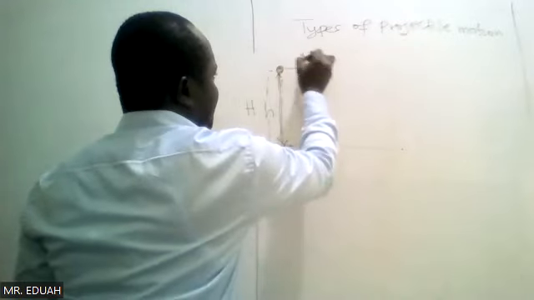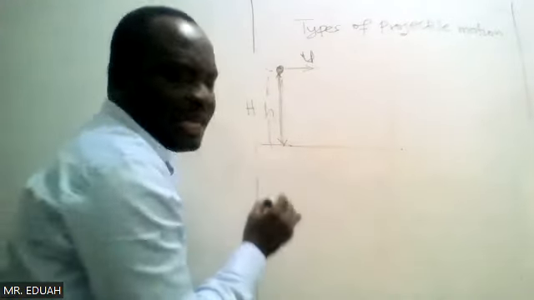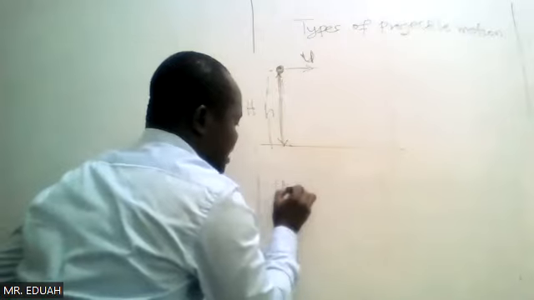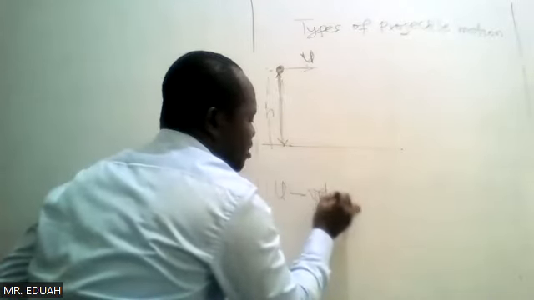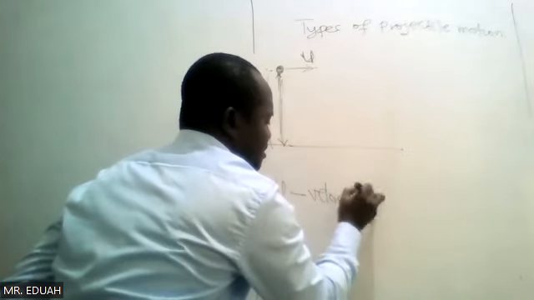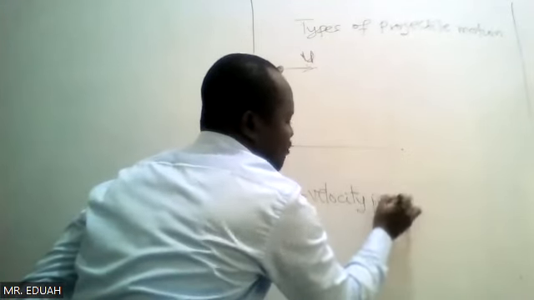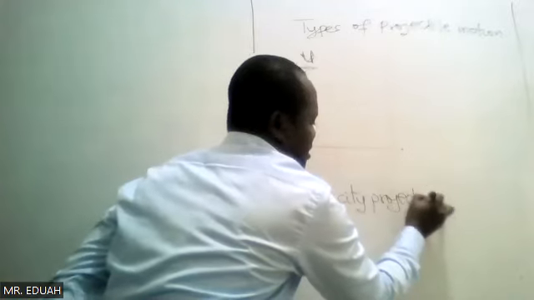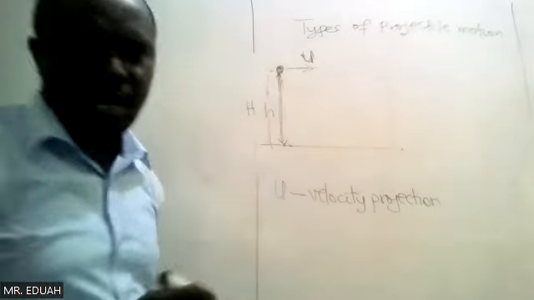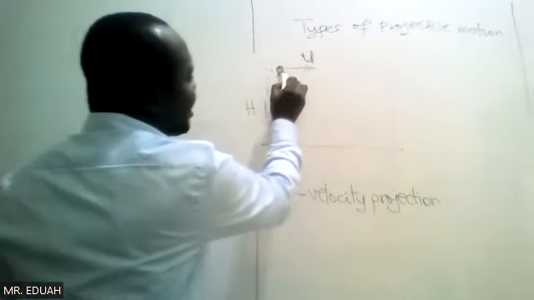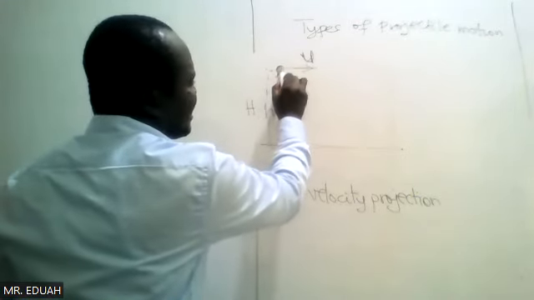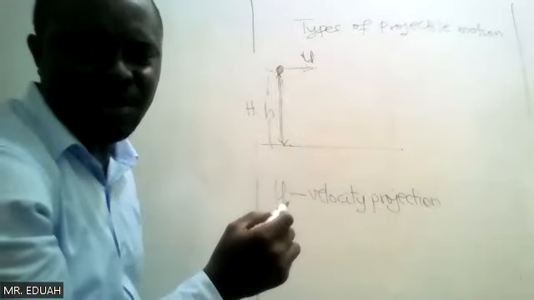Here we call the initial velocity given to the body u, the velocity of projection. Velocity of projection. Now, when the body is given this velocity, this is the path taken by the body.